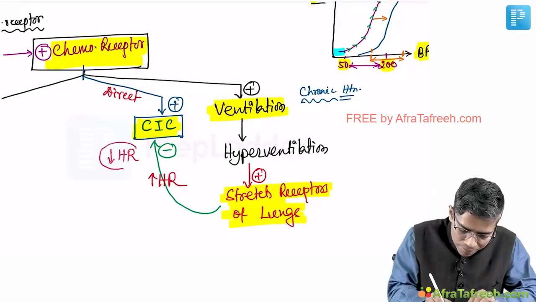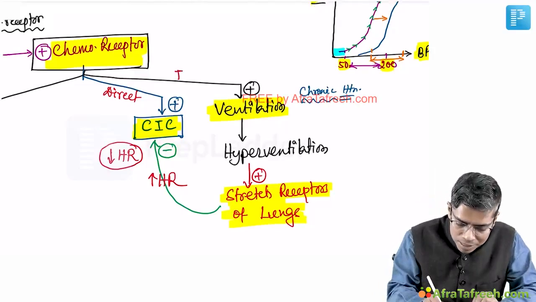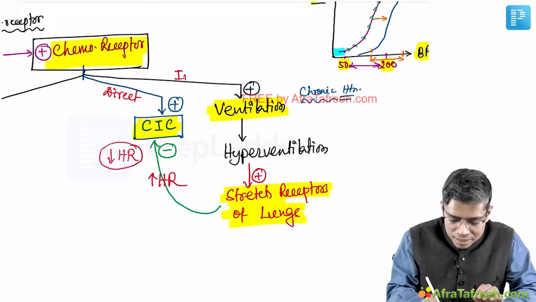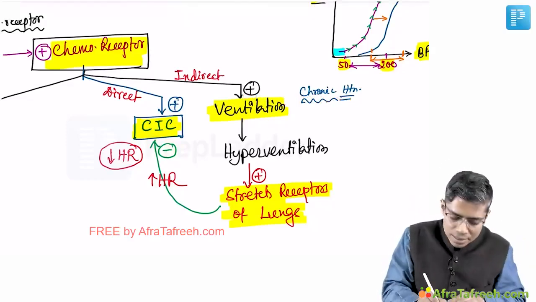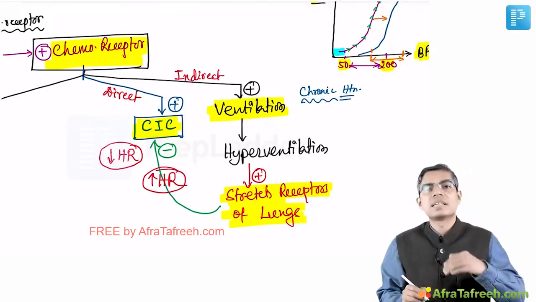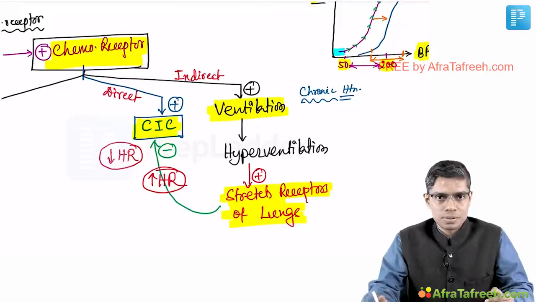By this direct pathway, there is bradycardia. But whenever chemoreceptor is activating your ventilation, this is the indirect pathway for CIC. Via this indirect pathway, there is tachycardia.